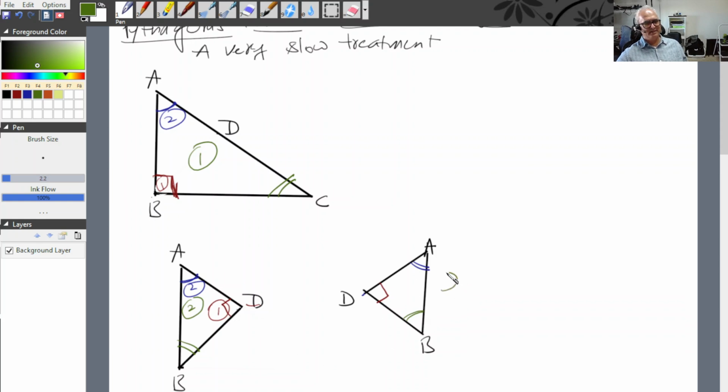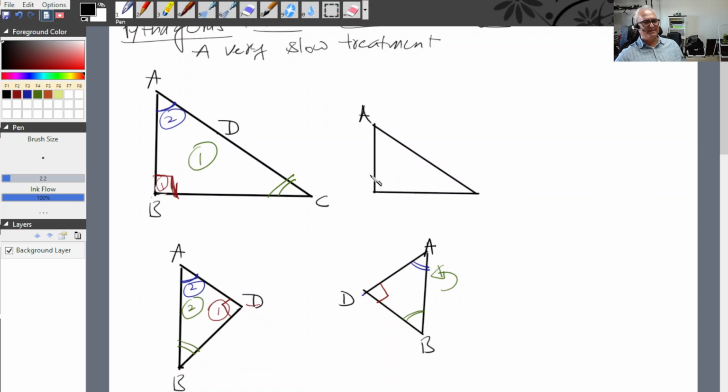And now I will rotate it like this. So when I rotate it, okay, almost.